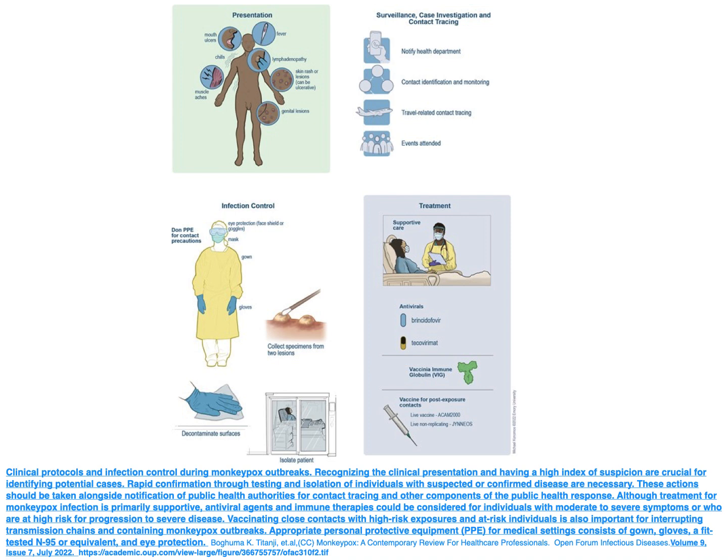Although treatment for monkeypox infection is primarily supportive, antiviral agents and immune therapies could be considered for individuals with moderate to severe symptoms or who are at a high risk for progression to severe disease. Vaccinating close contacts with high-risk exposures and at-risk individuals is also important for interrupting transmission chains and containing monkeypox outbreaks.